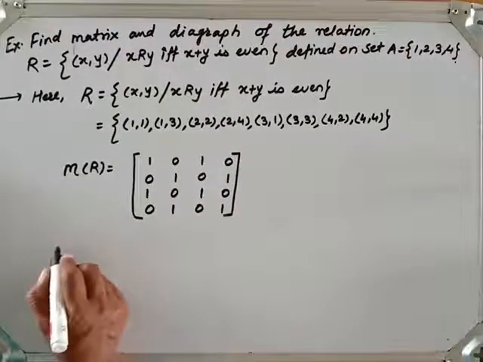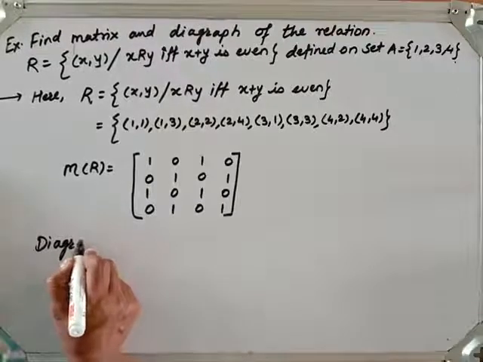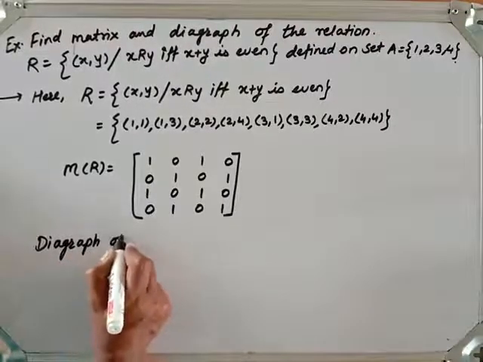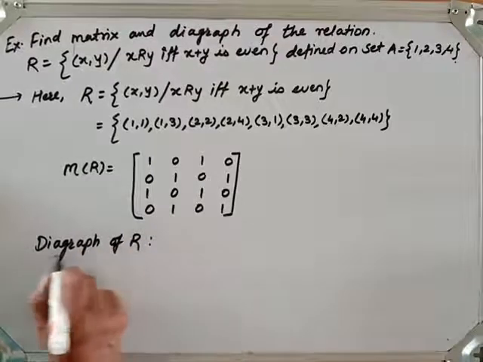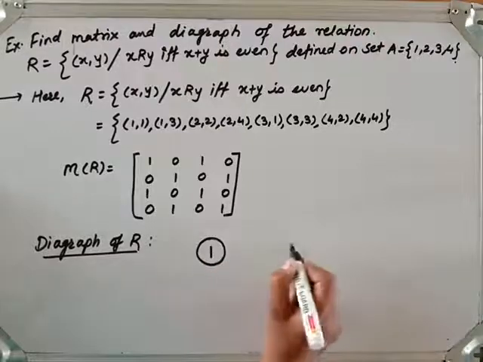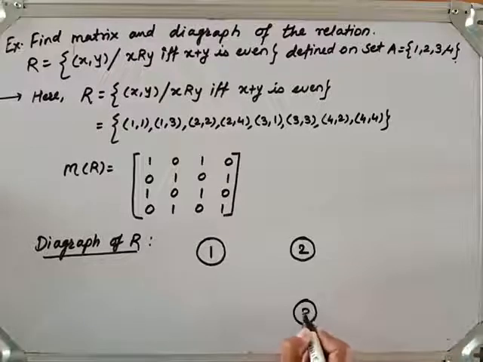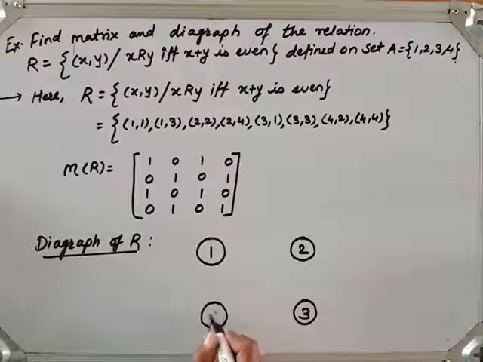Now let us write the digraph of R. The digraph of R will be, look here, we will write 1, 2, 3 and 4 suppose.